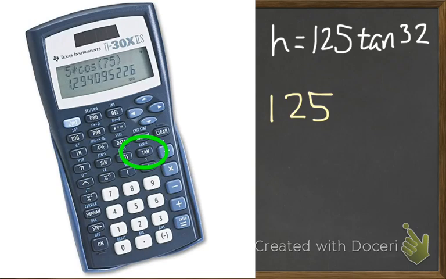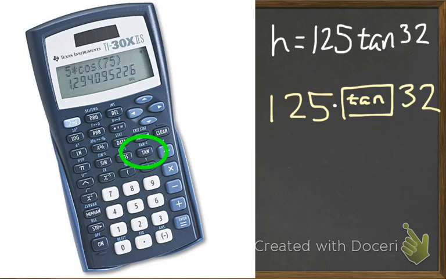So you hit the tan button, so 125 tan, and then you hit 32. If you notice on the actual calculator screen, it has this multiplication symbol here, which you do not have to use. It's implied when you type this in your calculator, but you do not have to type that in.